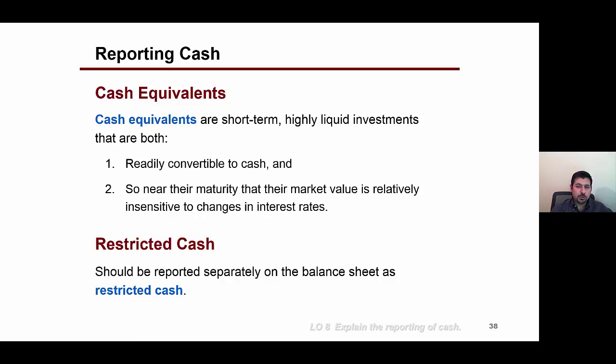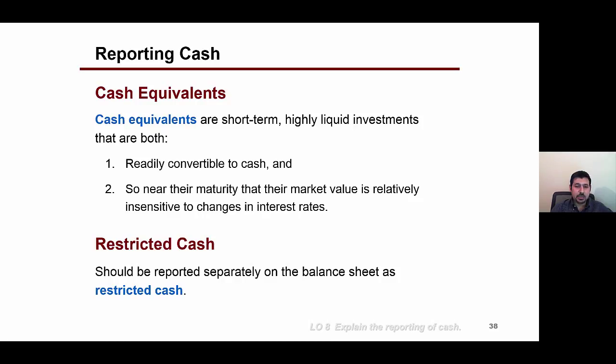The companies also report restricted cash, which is cash that the company owns but they don't have the right to use, because sometimes, for example, this could be used as leverage if the company is borrowing money from a bank or from someone. They might ask them to have some restricted cash in order to make sure that the company will be able to pay back part of their debt.